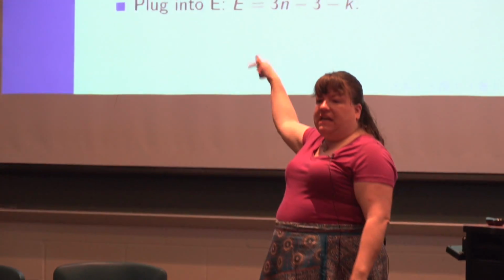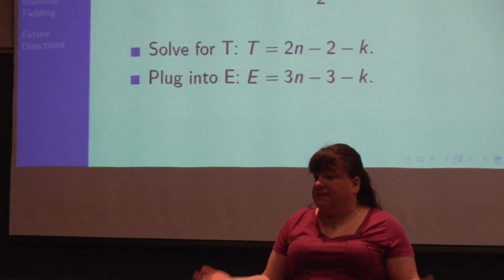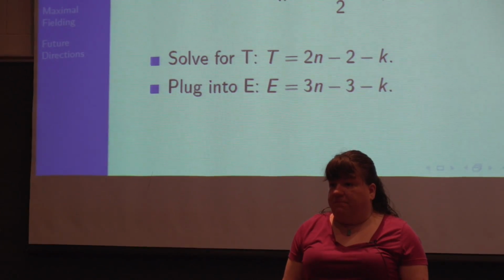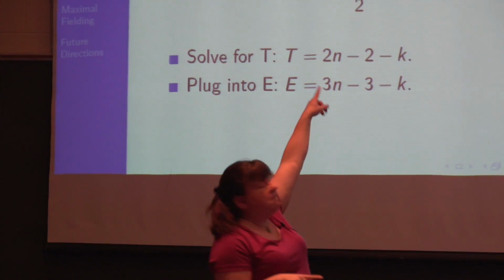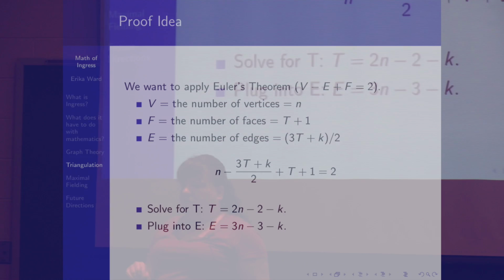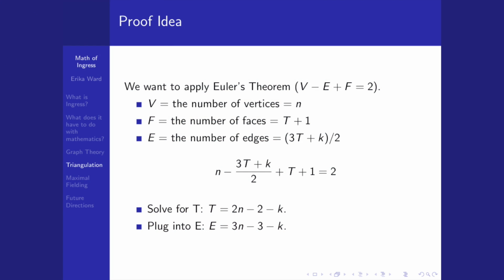Okay, so now we have V, F, and E translated basically into triangulation vocabulary. Plug each of those into V minus E plus F equals 2. So we've got N minus that number of edges, fraction, plus T plus 1 for the faces equals 2.